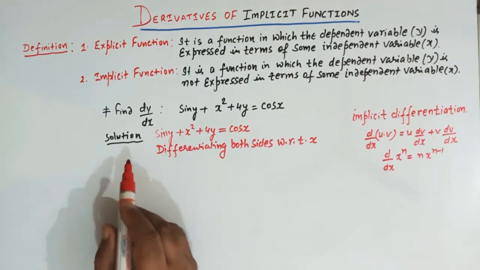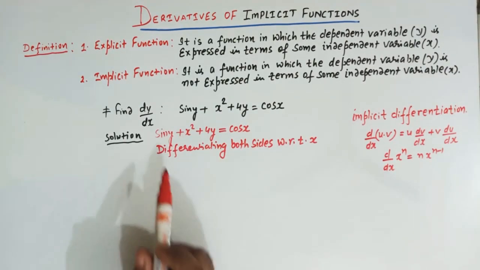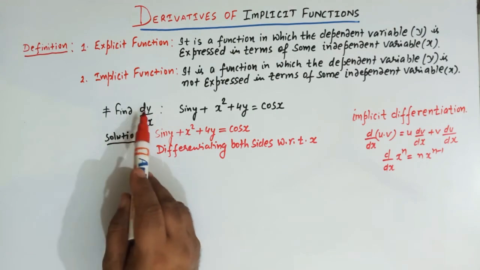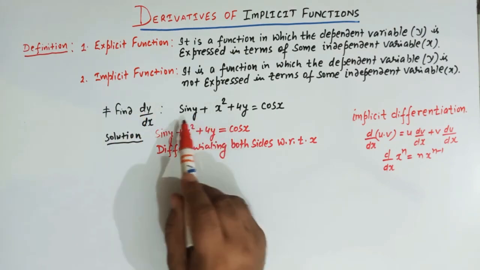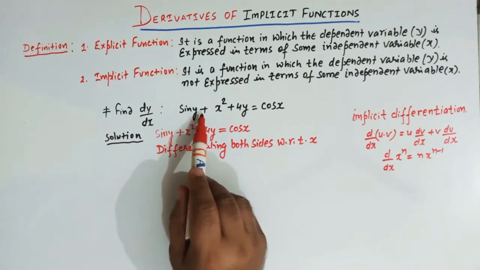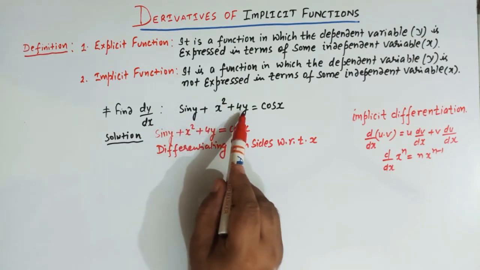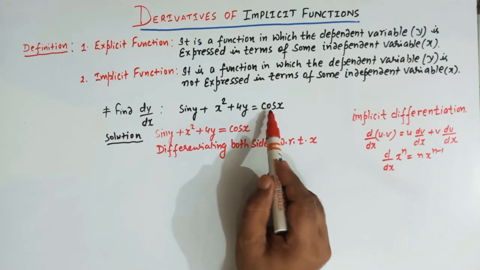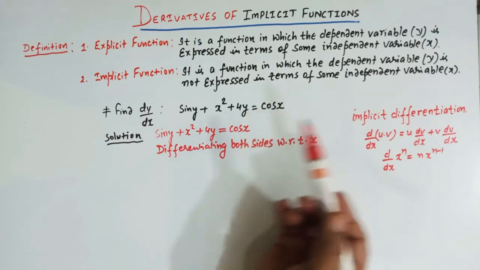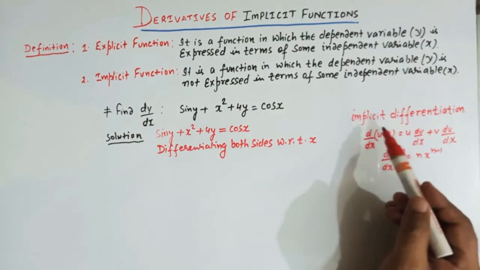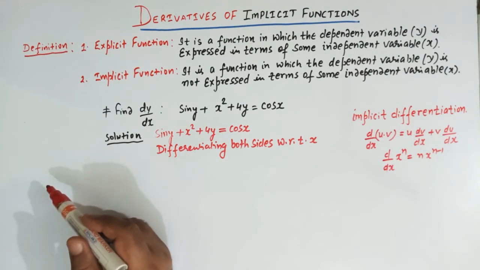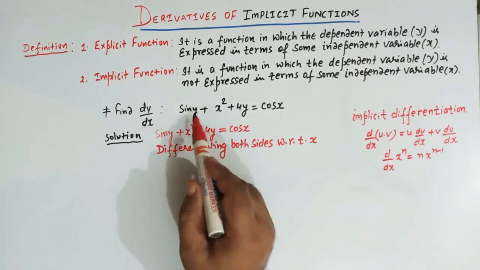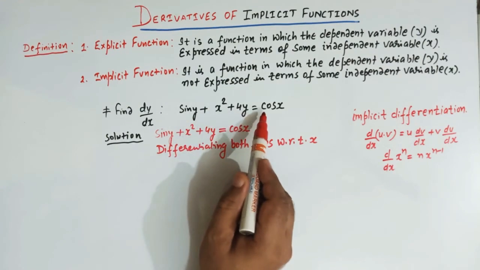Now let us solve one more problem. So here we have to find dy over dx when the expression sin y plus x square plus 4y equal to cos x is given. So again, here we'll make use of the implicit differentiation process, and this is an implicit function.